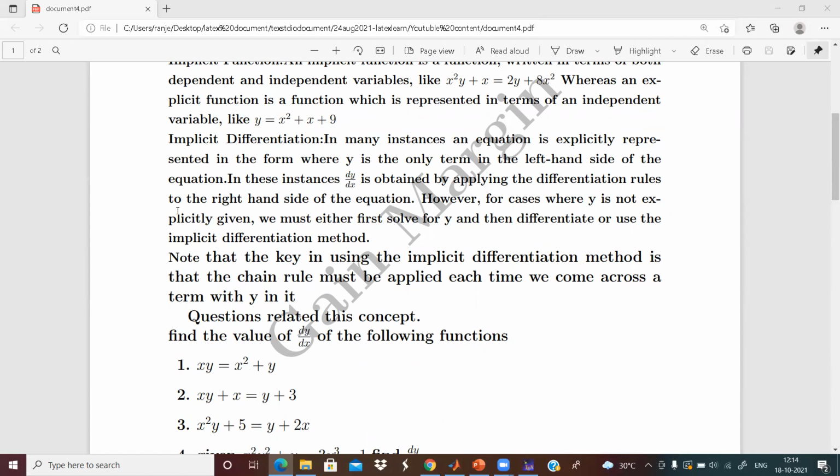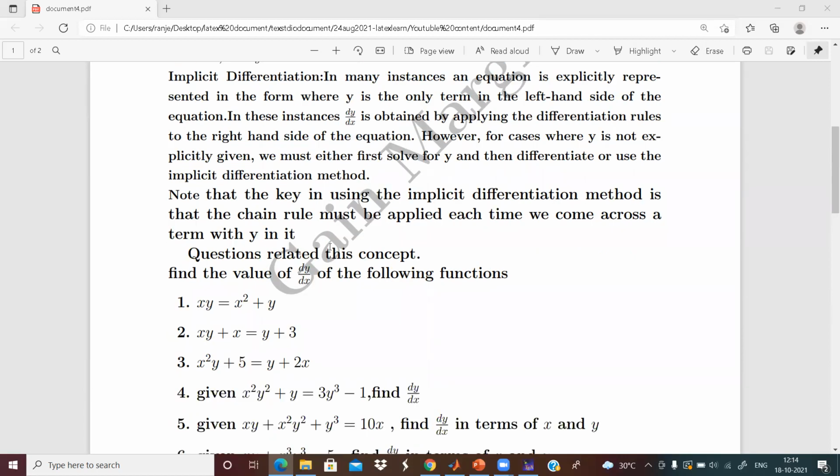However, for the case where y is not explicitly given, we must either first solve for y and then differentiate, or use the implicit differentiation method. Keep one thing in mind when applying the implicit differentiation method: the chain rule must be applied each time we come across a term with y in it. Okay.